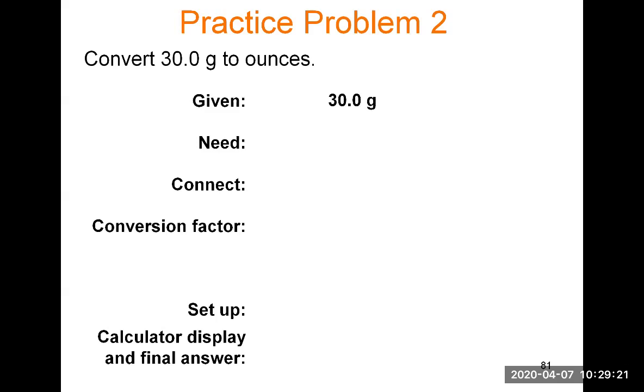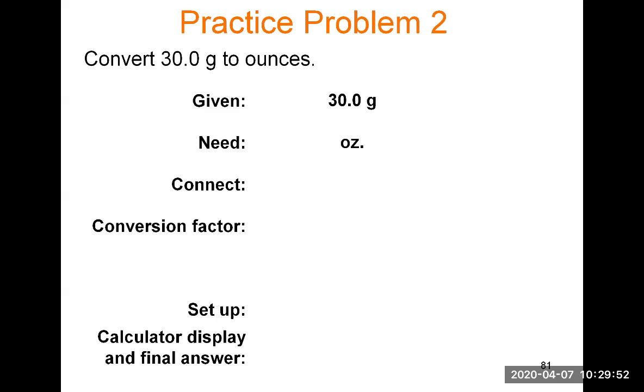And the question is asking to convert this to ounces. The symbol for ounces is oz. It's an English system unit. So we'll need to find an equality that relates ounces to grams. Ounces and grams here are units of mass. So be careful, ounces here are not fluid ounces. So it's a unit of mass, not a unit of volume.